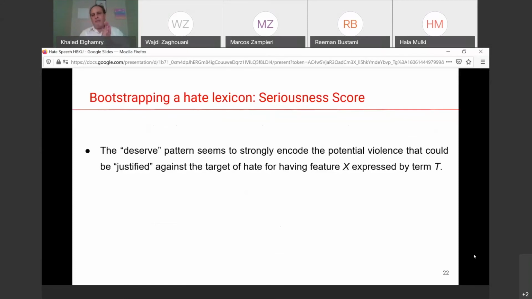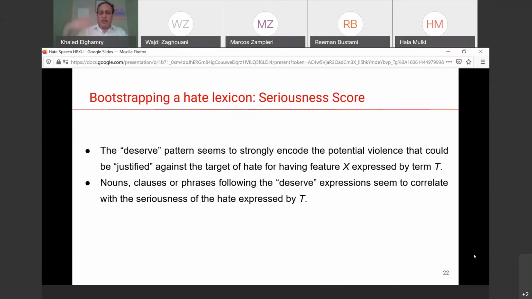So now we have these patterns that express hate. I realized something when I was working with the deserve pattern: it seems to strongly encode the potential violence that could be justified against the target of hate for having feature X, expressed by hate term T. Of course I'm going to elaborate on this.